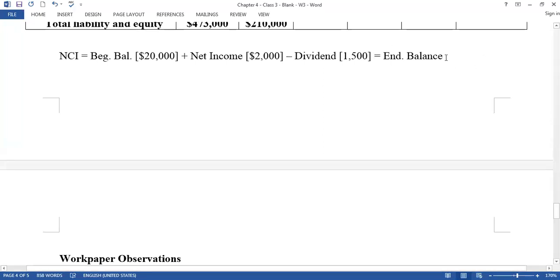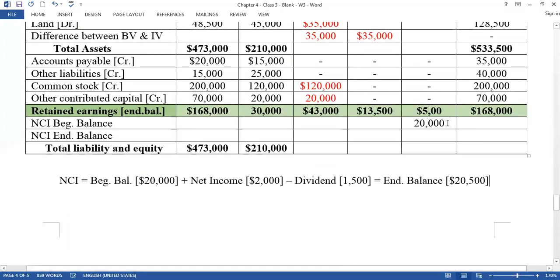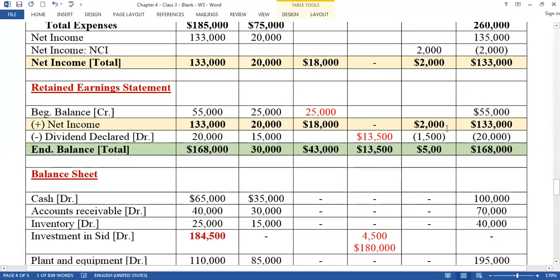Now you can easily guess the ending balance: 20,500, right? So look here, this is the beginning balance, this is net income, minus dividend, something like this.